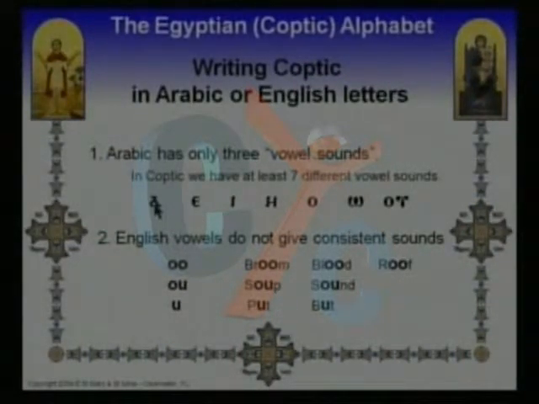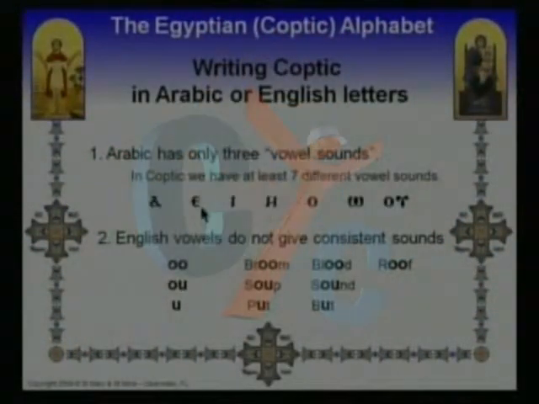So when you try to write in Arabic, and you have a word that has an A and A, you don't know how to write it, because in Arabic there's no corresponding vowel, so you have to have it written either as an A or an E, and this will confuse the words and will give even different meaning for many words, especially the O, because we have 3 different O's, and there's a word in Coptic called U, O, U, and it has to be U, O, U, means glory.